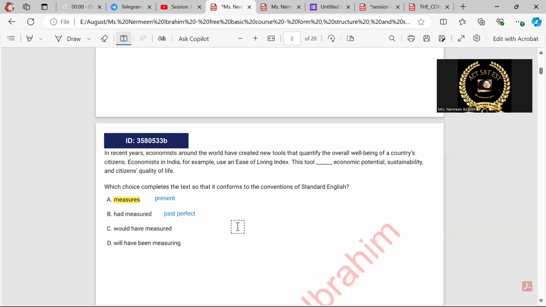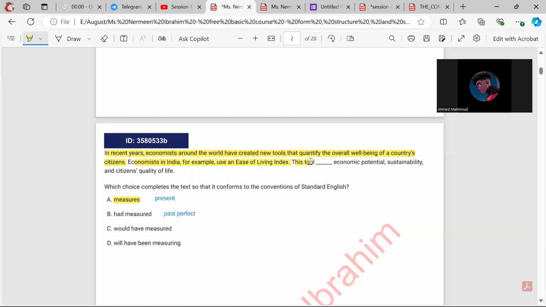While you went for the past tense, let me read. Can you read, please? Okay. In recent years, economists around the world have created new tools that quantify the overall well-being of a country's citizens. Economists in India, for example, use an ease of living index.